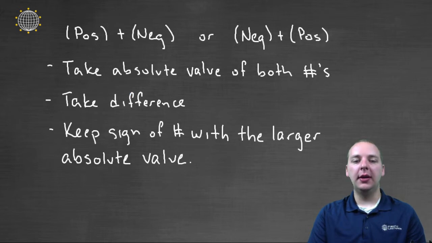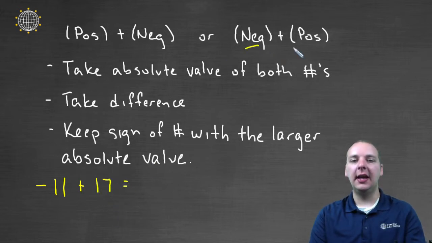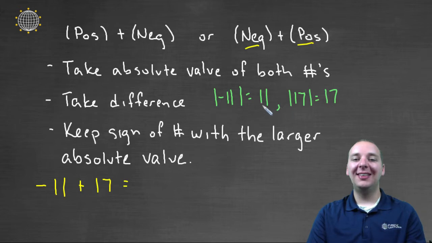Let me just do one quick example, and then we'll run through a whole bunch of examples. Let's say you had negative 11 plus 17. So this is a negative plus a positive. Well, the absolute value of negative 11 is 11, and the absolute value of 17 is 17. So we're going to take the difference of 11 and 17. 17 minus 11 is 6.